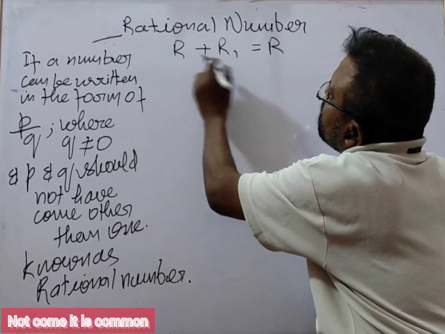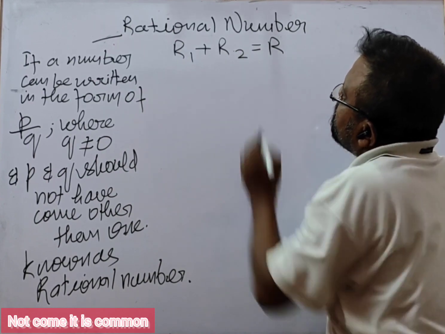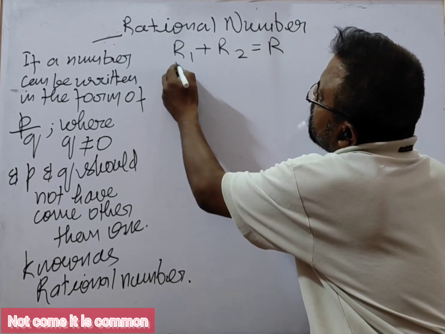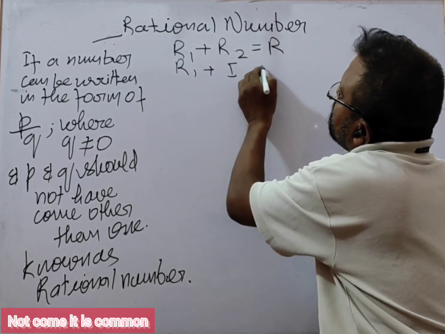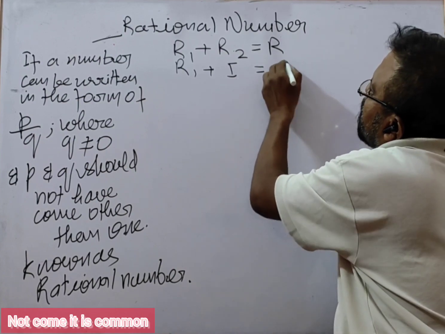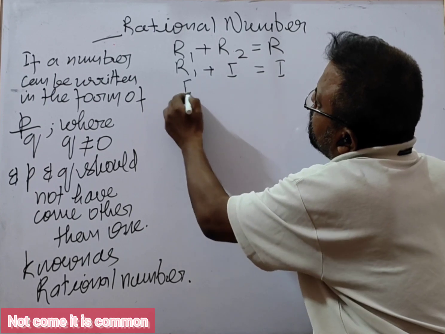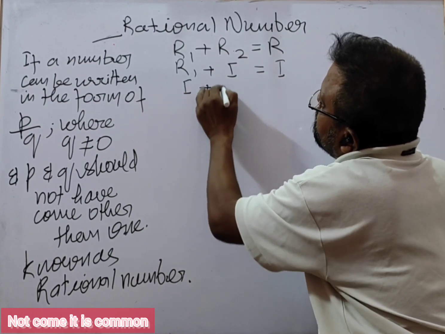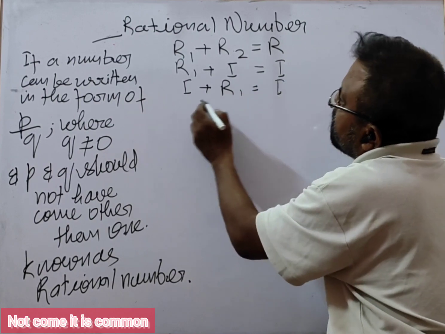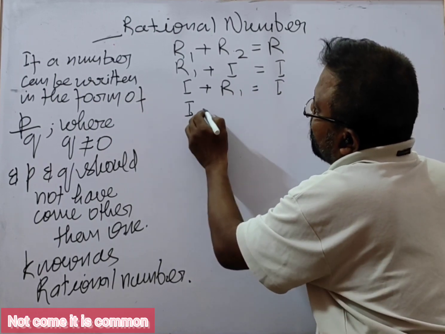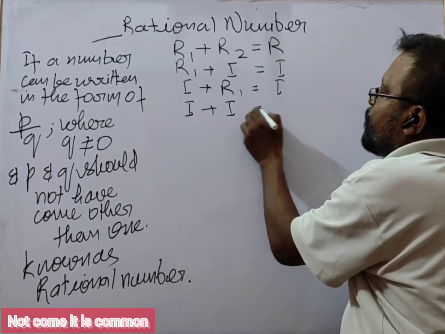Rational number plus irrational number is equal to irrational number, right? Irrational number plus rational number is equal to irrational number, and irrational number plus irrational number, what happens?